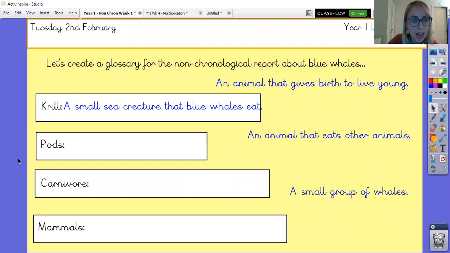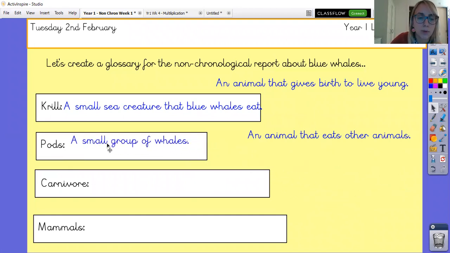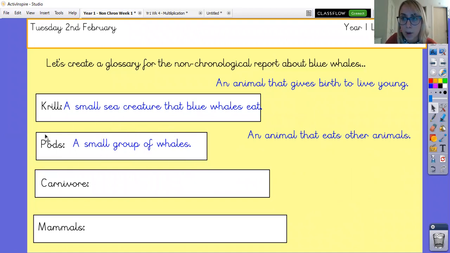Okay, my next word then, pods. So which one do I think is the meaning? Now I know that a pod is a small group of whales. Now normally whales travel on their own or in pairs, but sometimes they travel in groups, and when they do, we call that a pod. They are traveling as a pod.